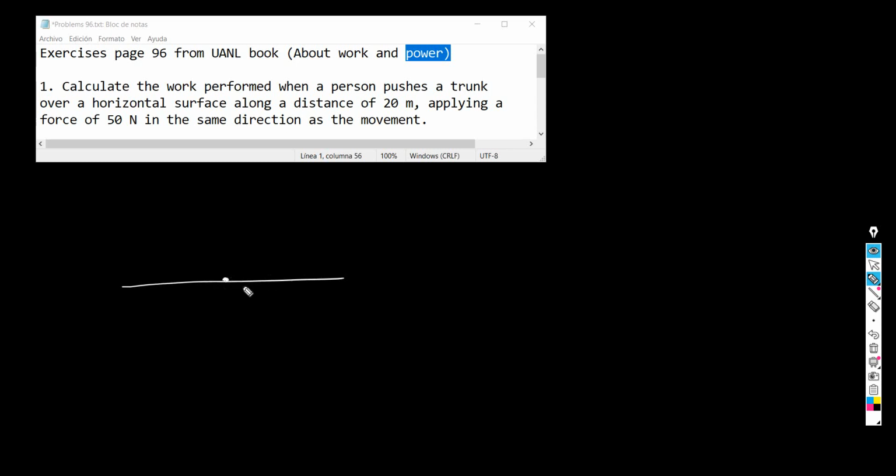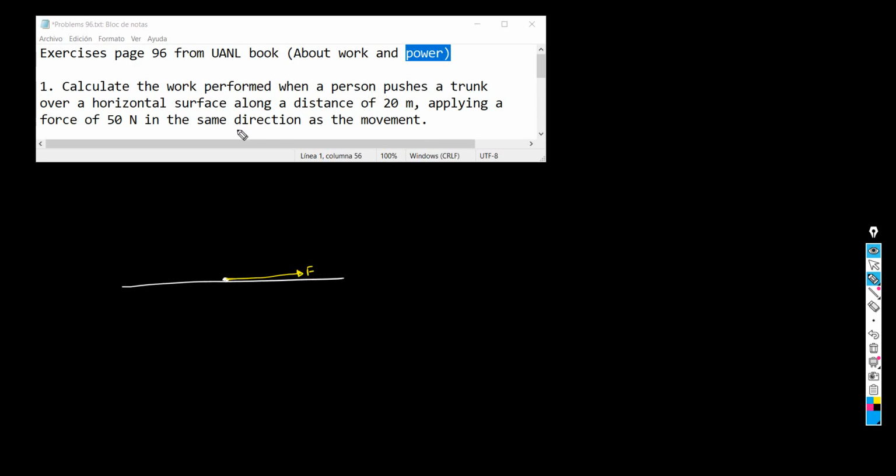And then a person is going to push it horizontally along the surface. Whether you choose it to the right or to the left makes no difference, because the problem is not telling me the direction of the motion. So let's draw the vector of force over this particle. Let's choose the force being applied to the right.